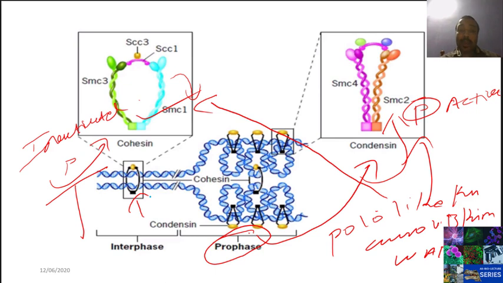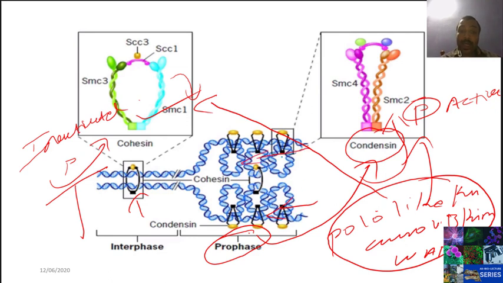But at the same time, the same proteins, polo-like kinase, Aurora and WAPL, activate the condensin to condense the sister chromatids independently, to compact more. The command is compact. That's all. It means condense. That's the command from polo-like kinase to condensin.